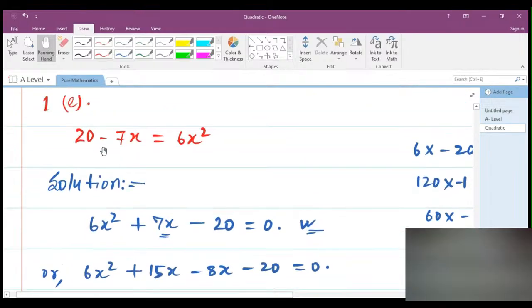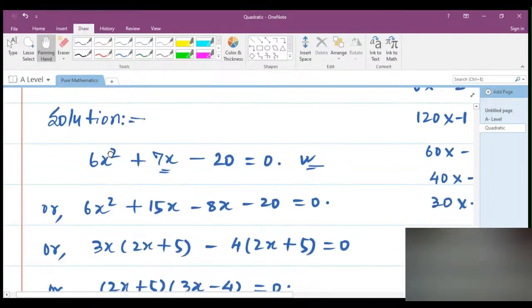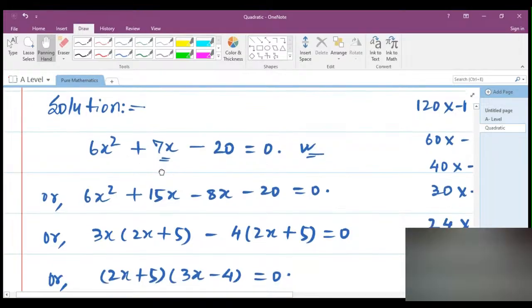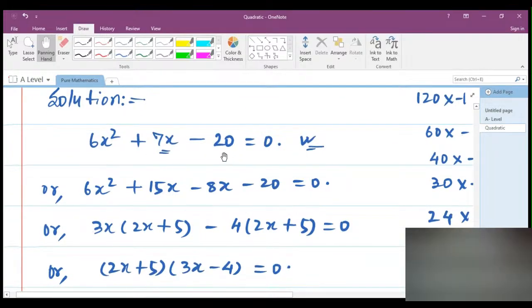This is the question. 20 minus 7x equal to 6x square. So let's see the solution. 6x square plus 7x minus 20 equal to 0. So we break 7x in such a way that multiplication will be minus 120, and subtraction will be 7.